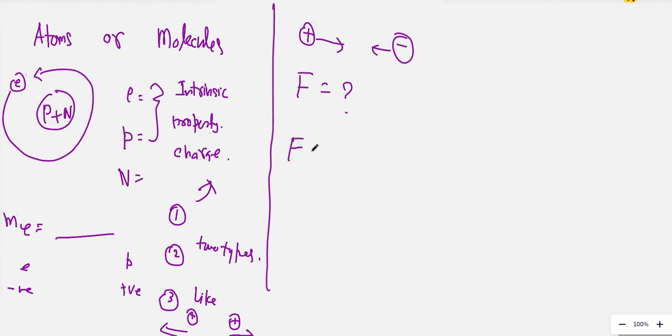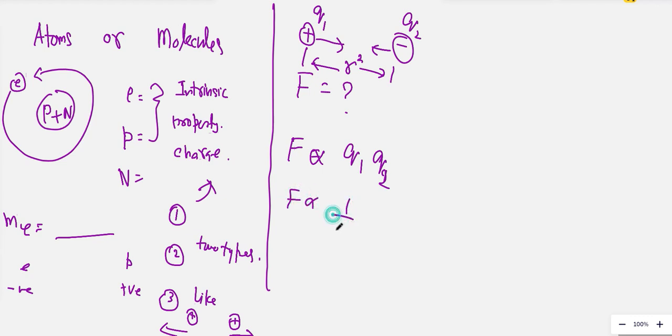He gave us this formula, that the force which they will exert on each other will be proportional to their charges. For example, one contains Q1, the other contains Q2. Whatever amount of charges they have, the force will be proportional to their product, and it will be inversely proportional to the distance between them, that is, proportional to 1 over r square.